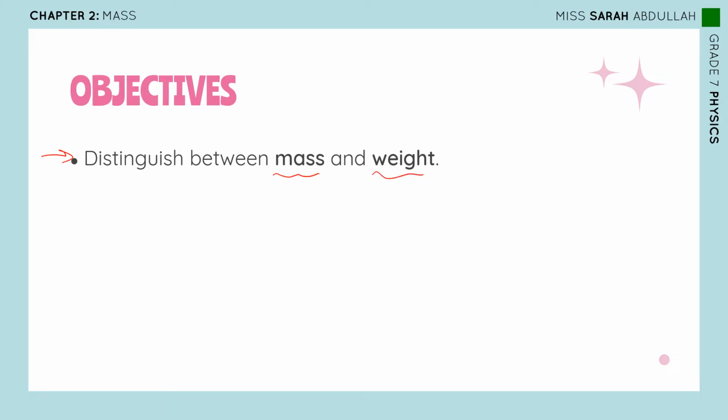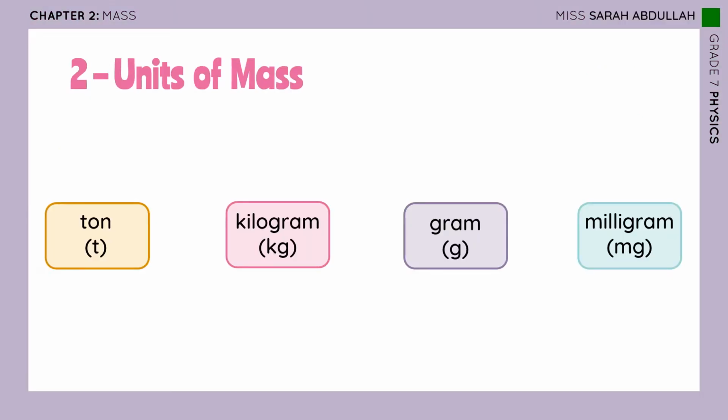So let's start. Before we start with the weight and the mass, we have to review, since this is the last lecture about mass, everything we've learned about mass so far. Let's start with the units of mass. We said we have ton, kilogram, gram, and milligram.